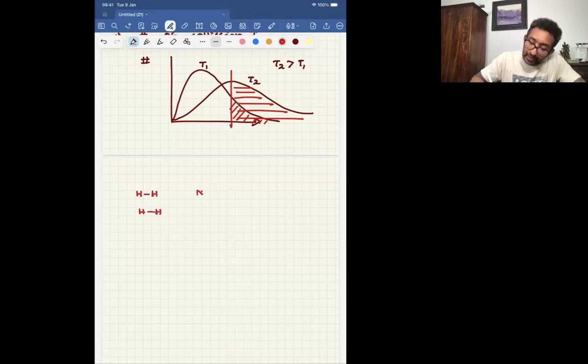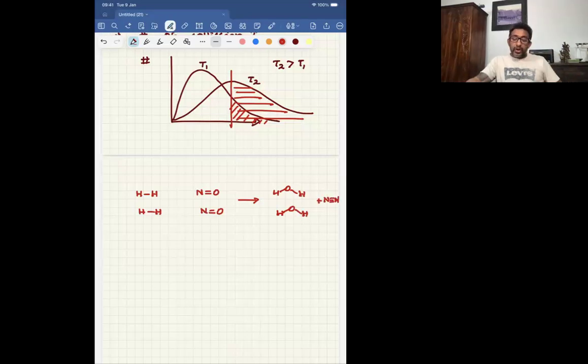NO, double bond NO, 2NO, giving you H2O, and then you get nitrogen, triple bond.